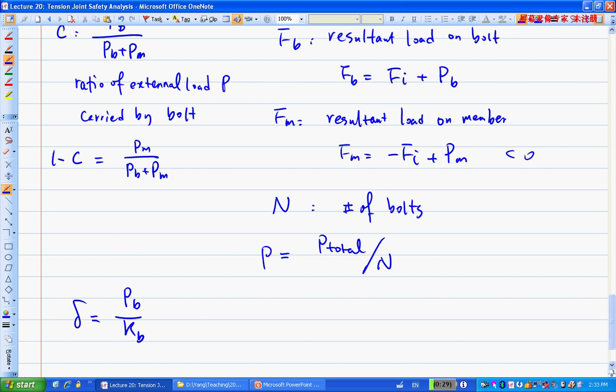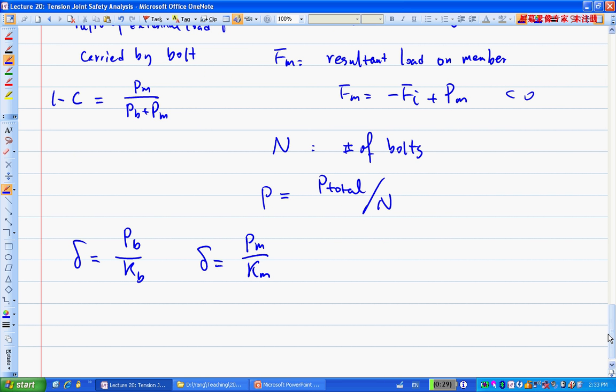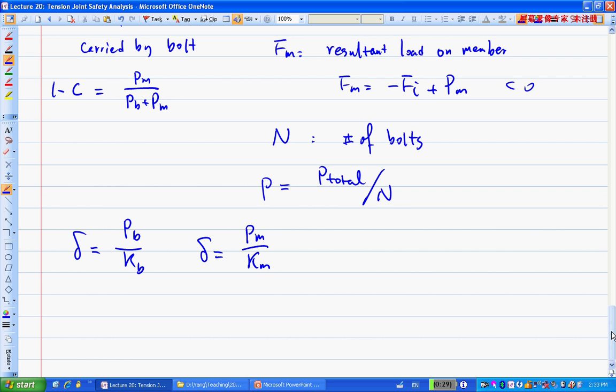At the same time, PM applied to the member, divided by the member stiffness Km, causes the same amount of deflection delta. That makes sense, because if they stretch, they have to stretch by the same amount of deflection. They are the same joint, so they can't have different deflections.